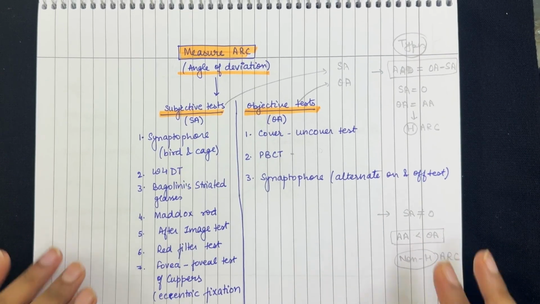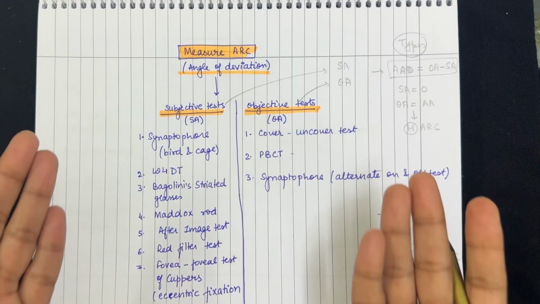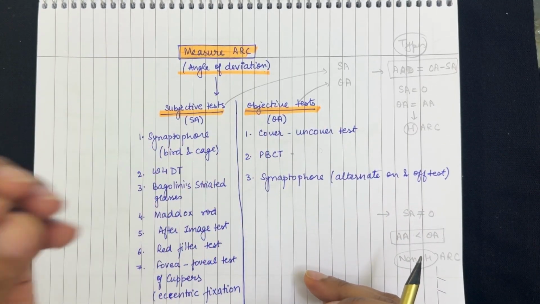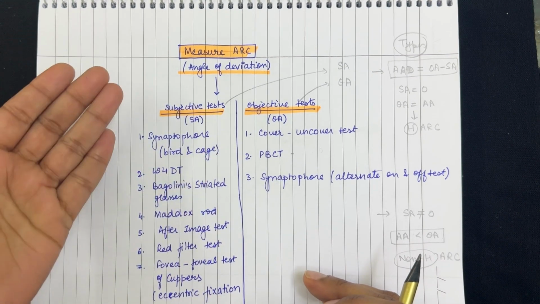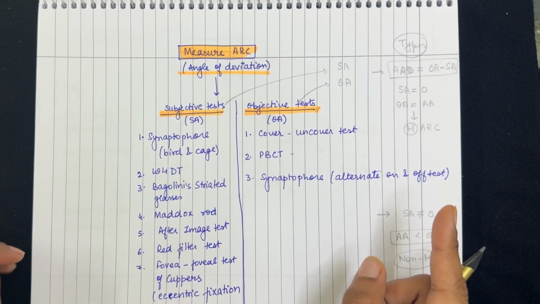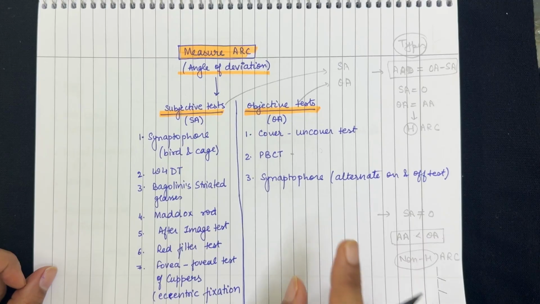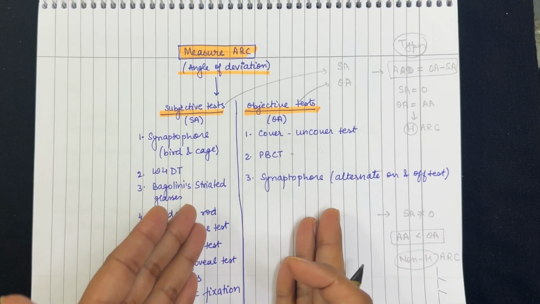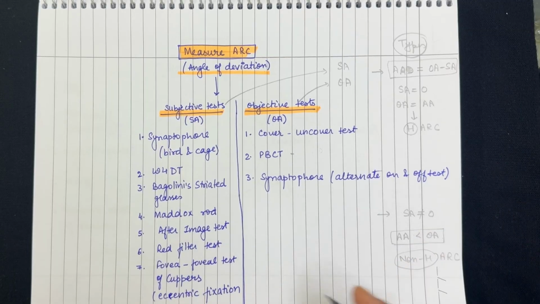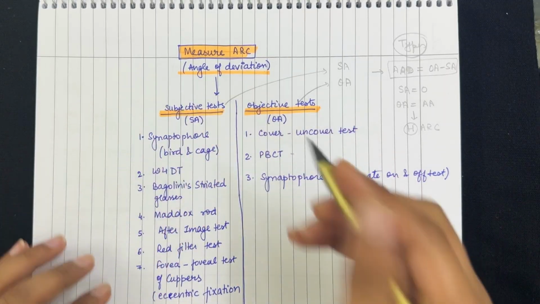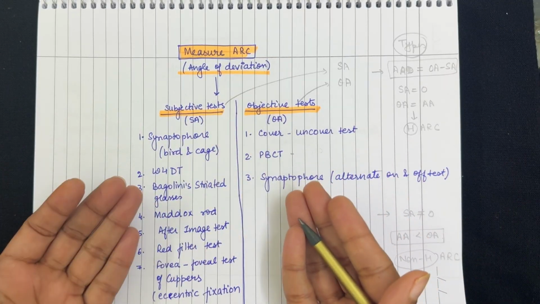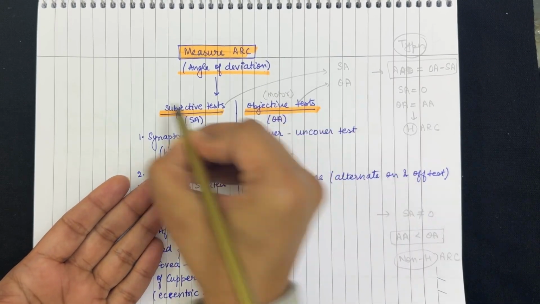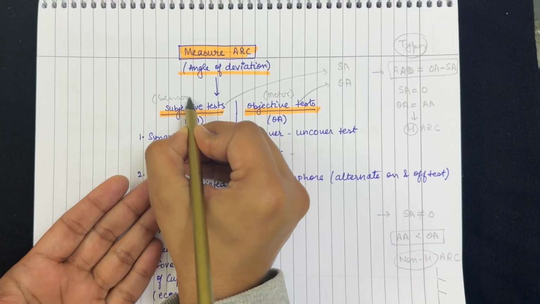Now, how do you measure anomalous retinal correspondence? We have already discussed the tests to measure angle of deviation. We discussed this in a previous video. If you have not seen that video, please go and watch it for easy understanding of my upcoming videos, right? We divided it into objective tests and subjective tests, or motor tests and sensory tests.